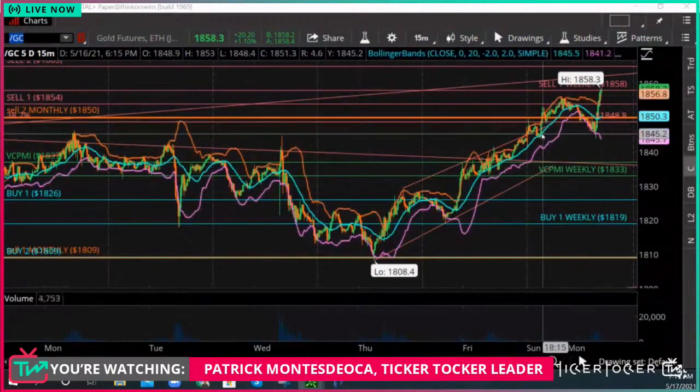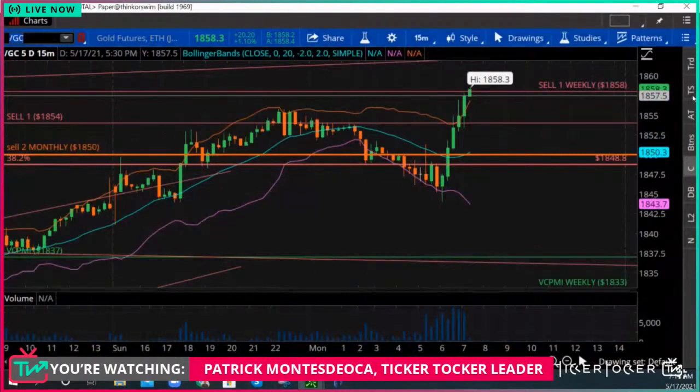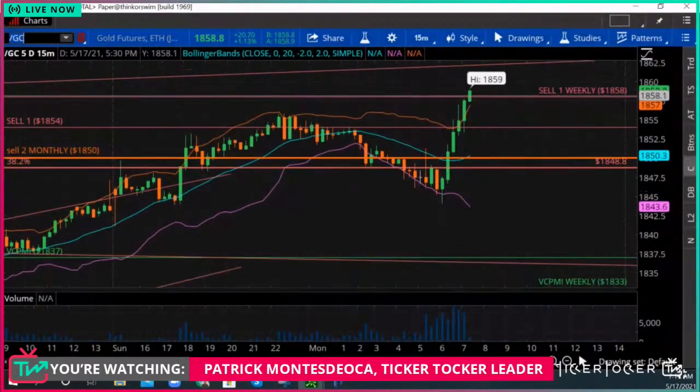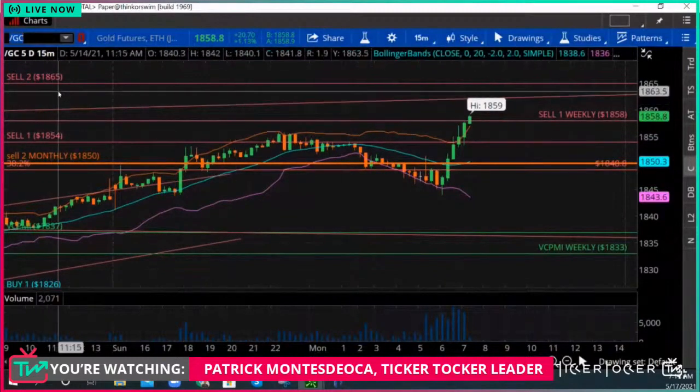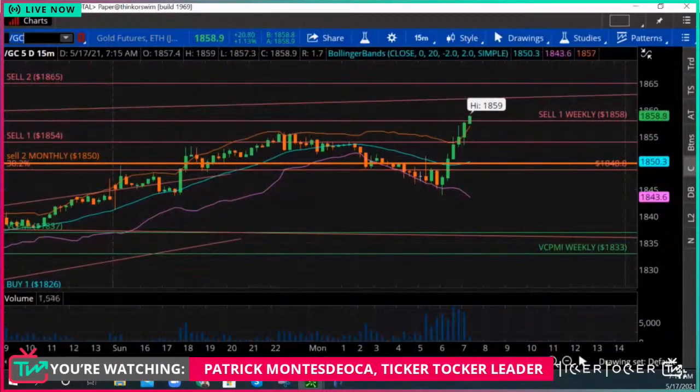The sell one weekly target has been completed. The next level that you see above is 18.65.